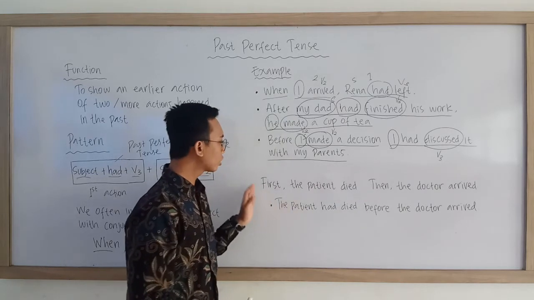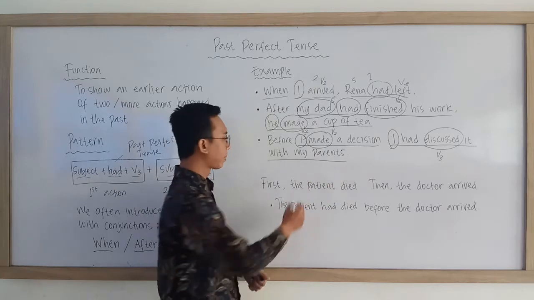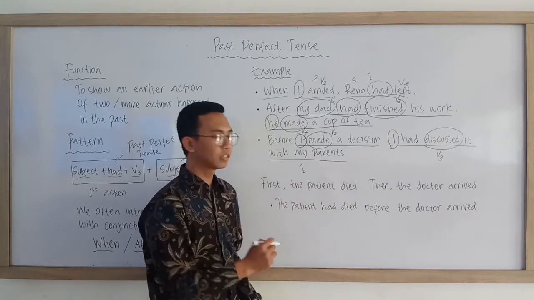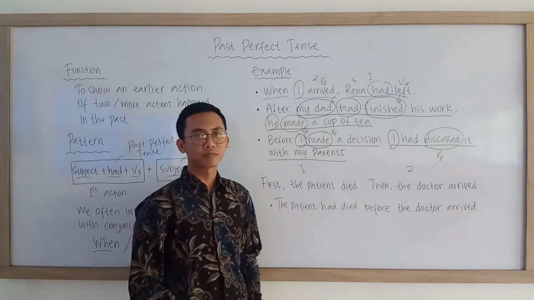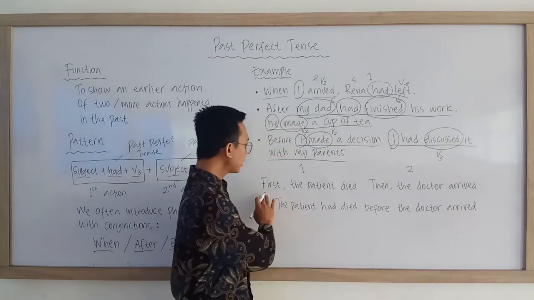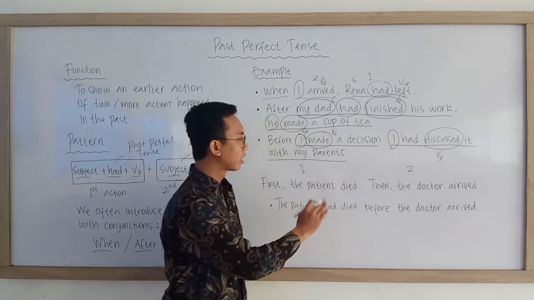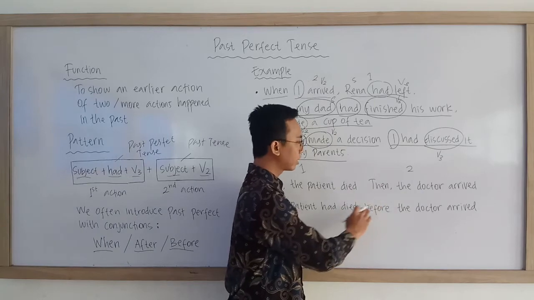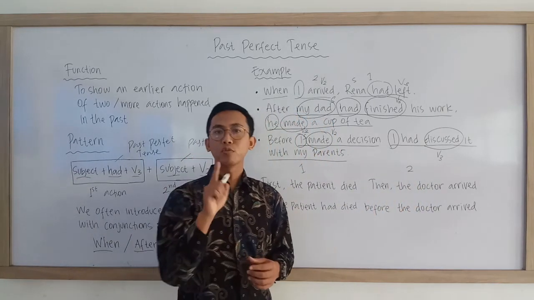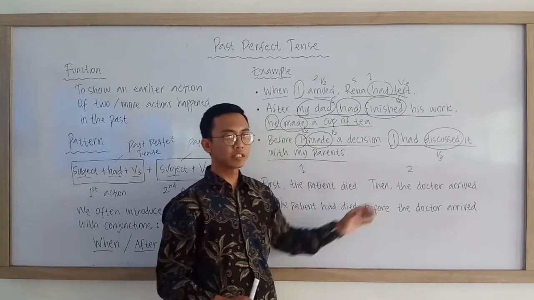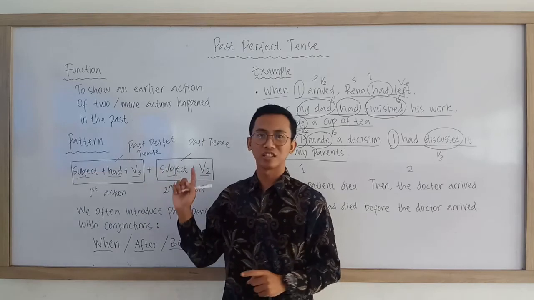Okay? So I have two sentences here. This is the first action, and this is the second action. The first action: the patient died, and then after that, the doctor arrived. If you want to combine these two sentences into one sentence, you need to use this pattern.